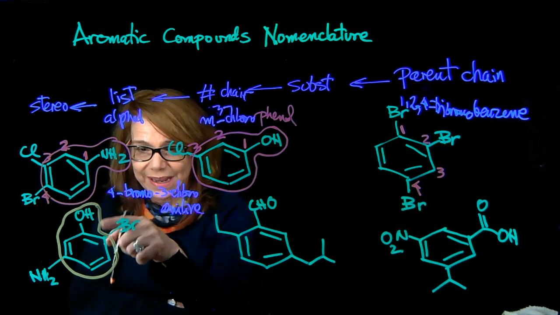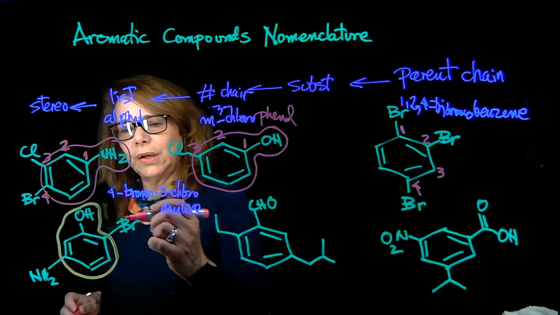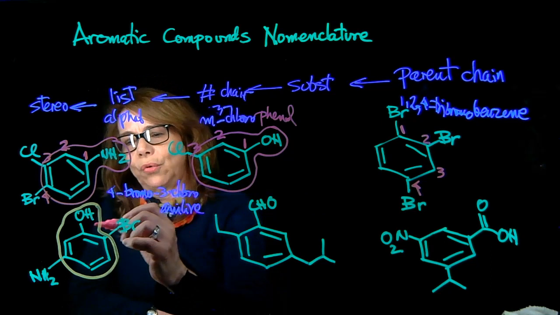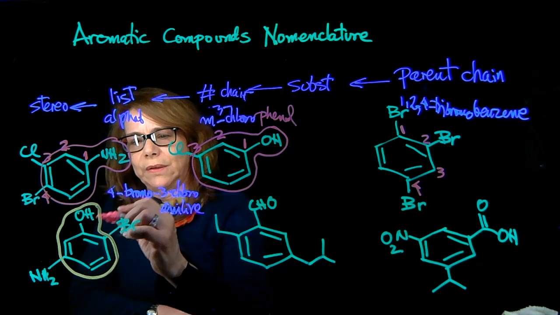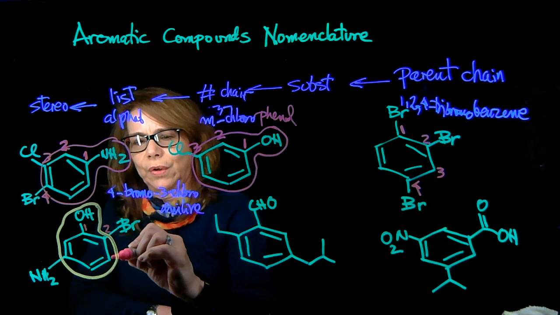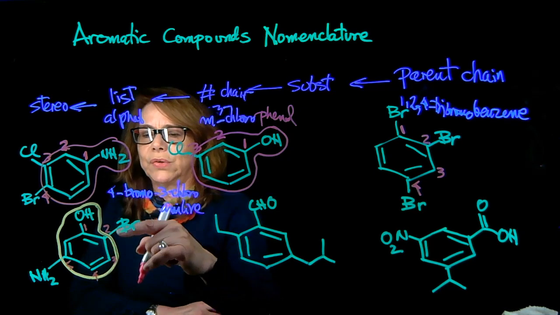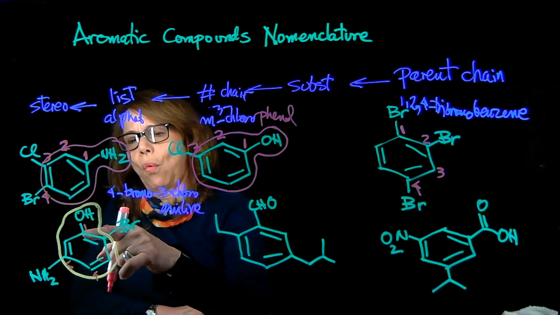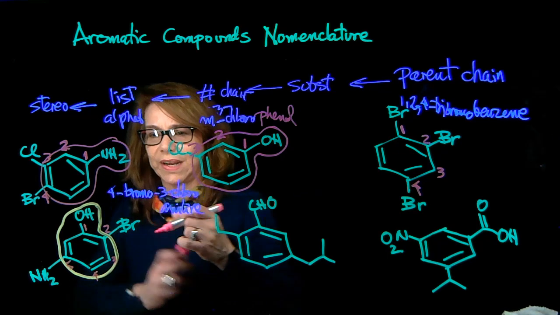Naming with phenol as the parent name, if I do 1, 2, 3, 4, and 5, substituents are in 2 and 5, and if I do the other way, it's larger. So this numbering is correct.